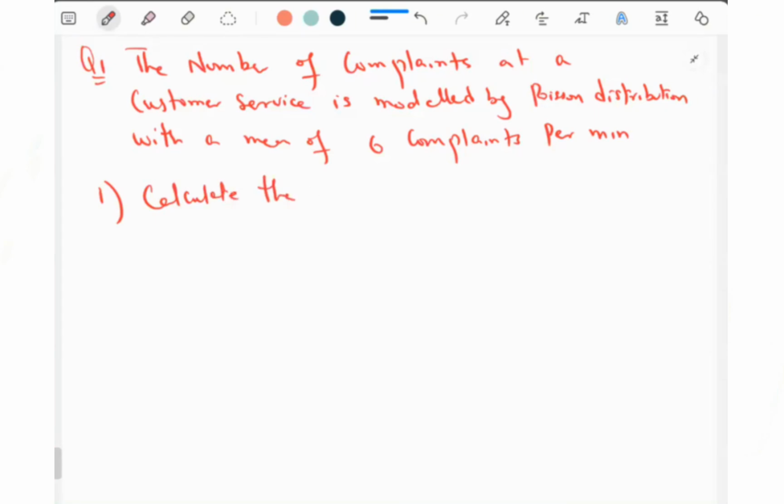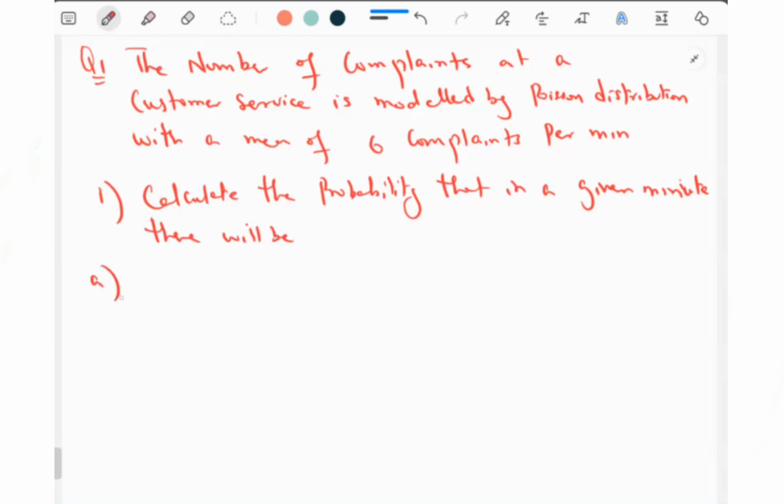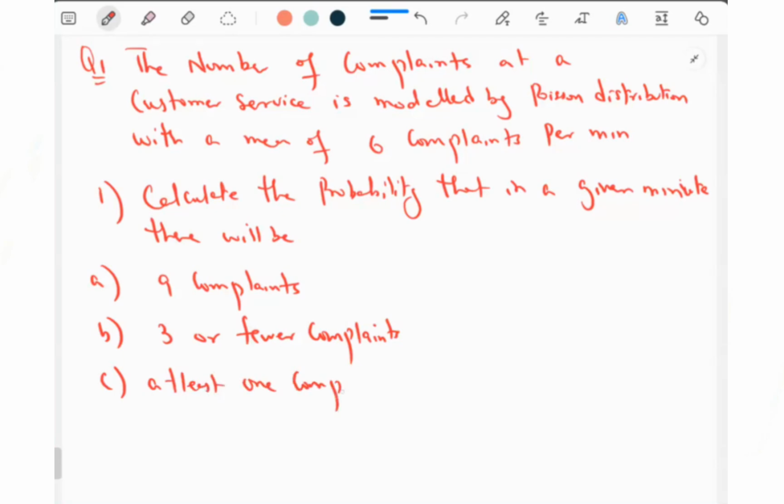Calculate the probability that in a given minute there will be 9 complaints, 3 or fewer complaints, at least 1 complaint.